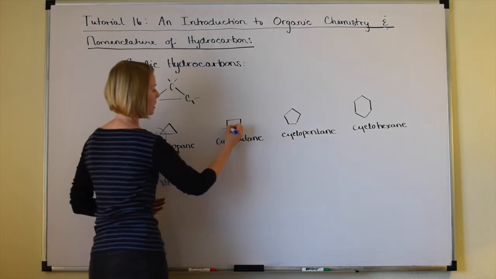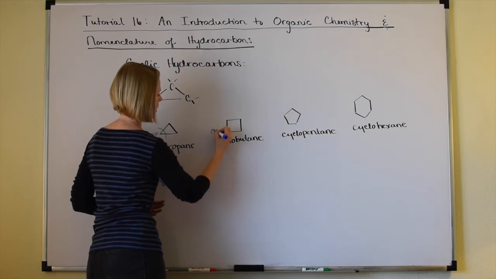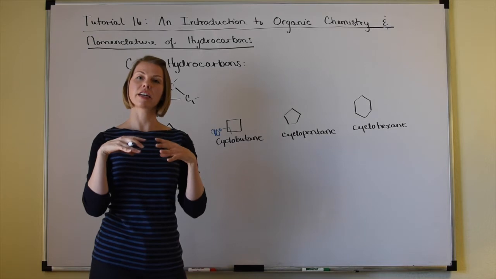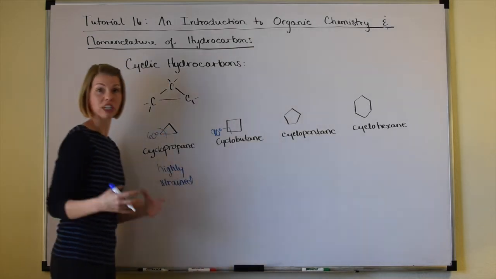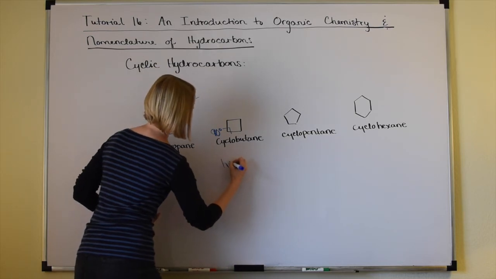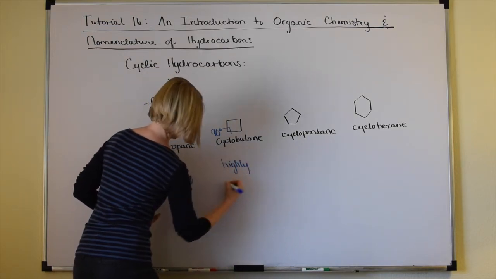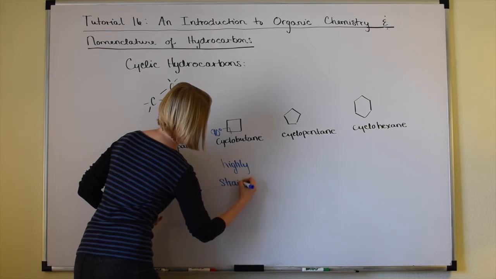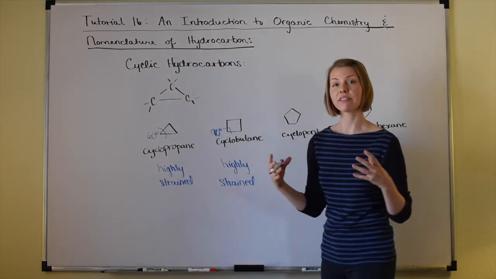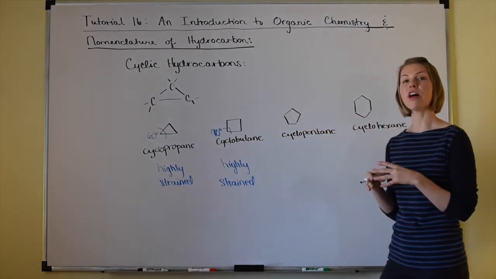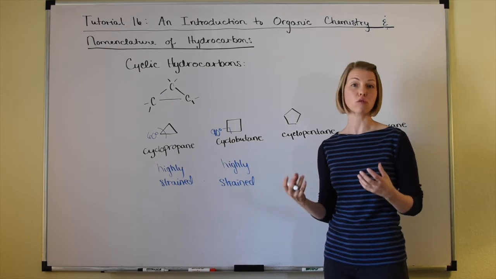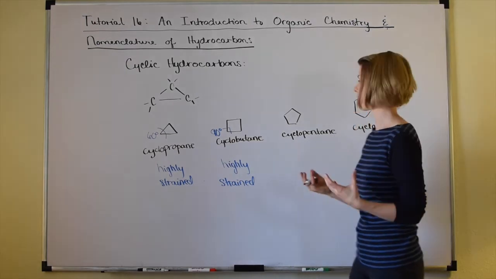It's going to be 90 in cyclobutane. So again, much more compressed than that tetrahedral geometry of 109.5 degrees. It's not until we get to 5- and 6-membered rings that we start to see a bond angle close to 109.5.